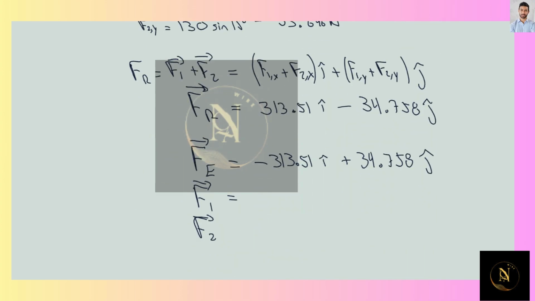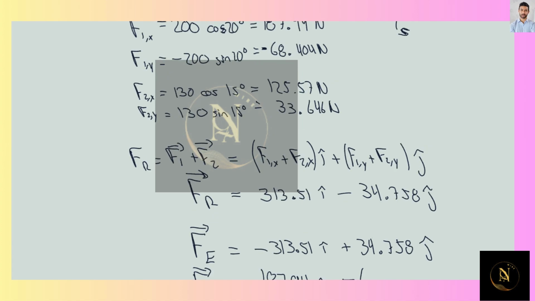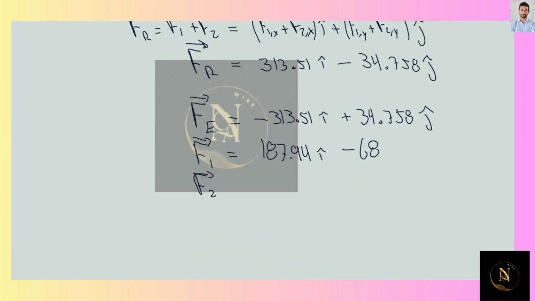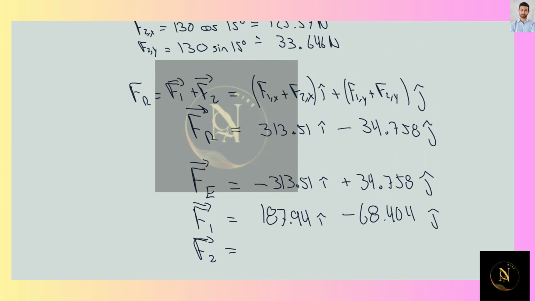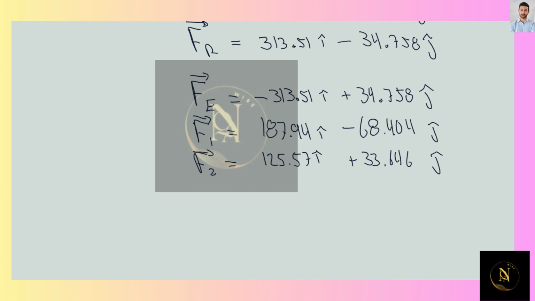So F1 would be 187.84 on the x-axis minus 68.404 on the y-axis, and force 2 was equal to 125.57 on I plus 33.646 on the y-axis.